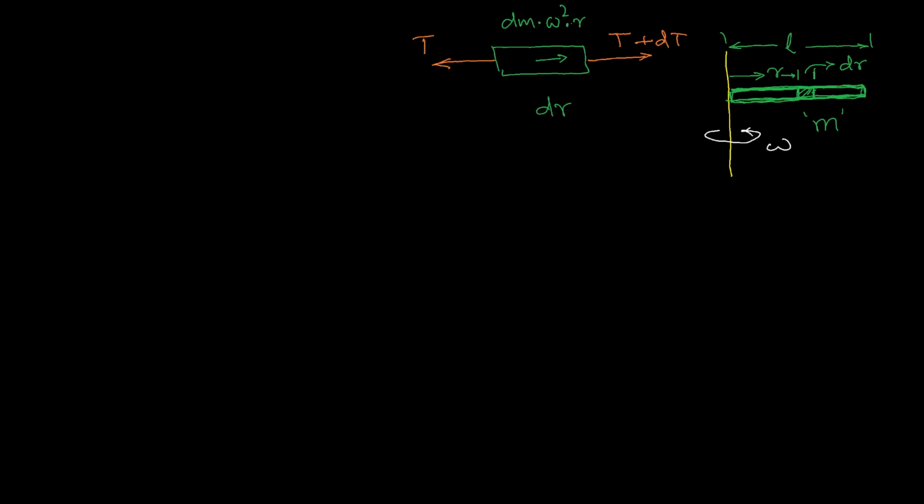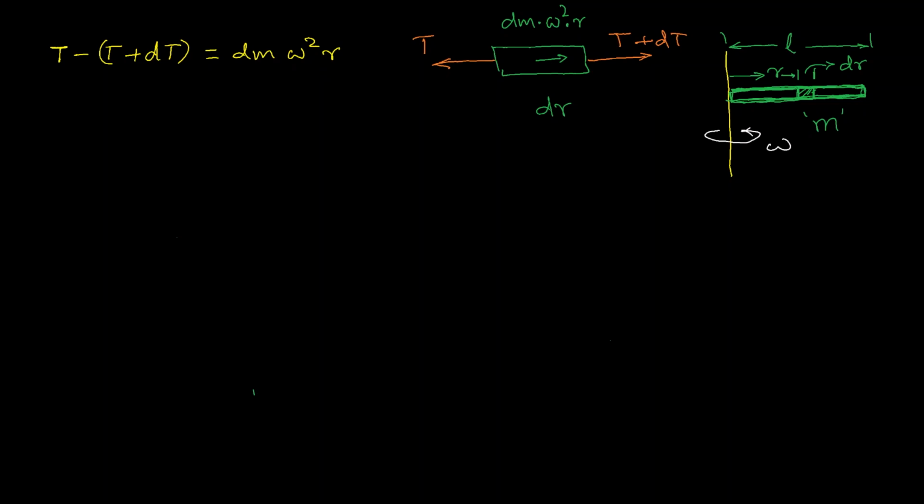Now writing the equation of equilibrium, we can say that T minus T plus dT is equal to this dm omega square r.